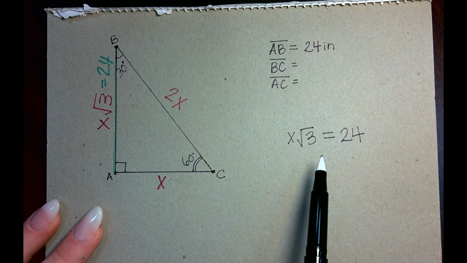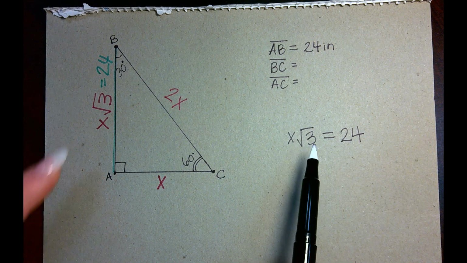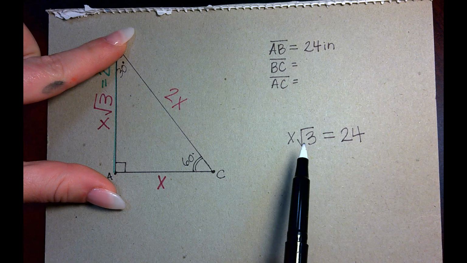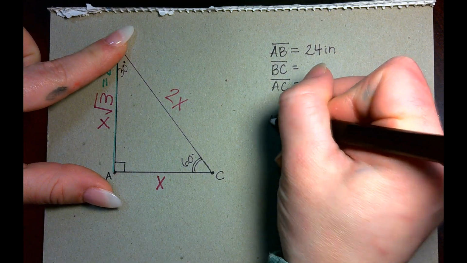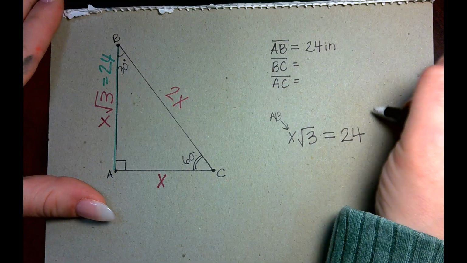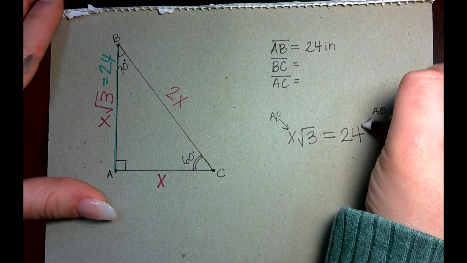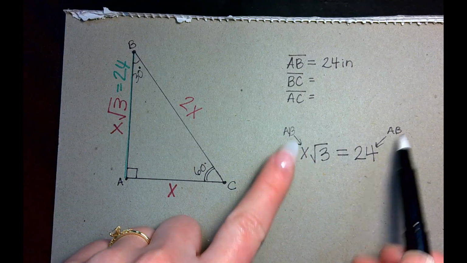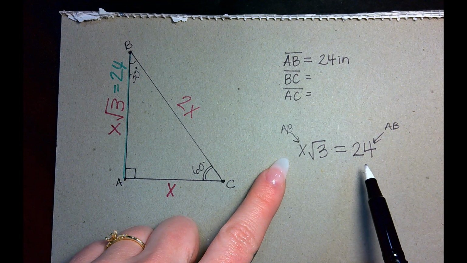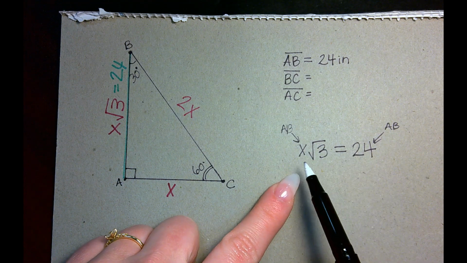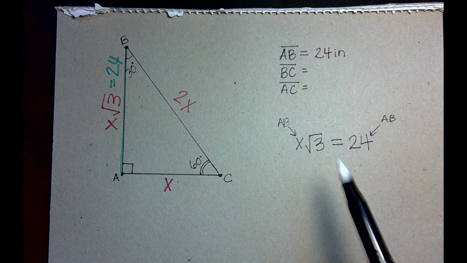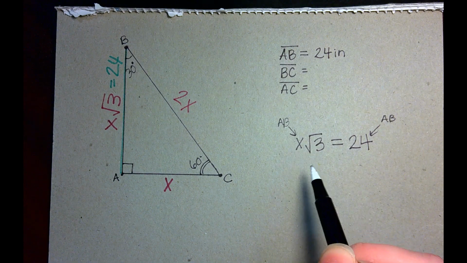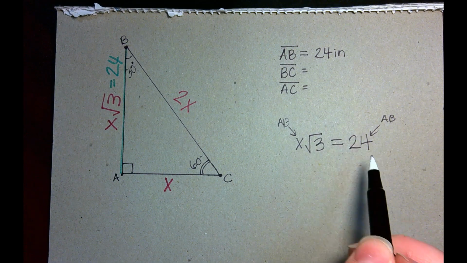Just to quickly explain it again, AB is x radical 3. So this is AB. This is also AB. If both of these label the same thing, they are equal to each other. So I know that x times radical 3 equals 24.